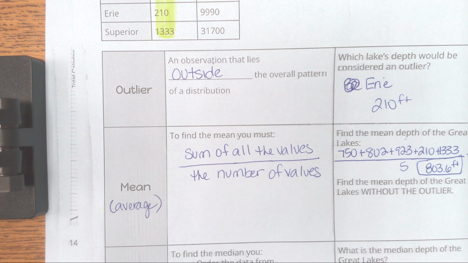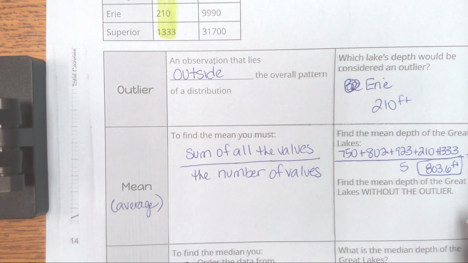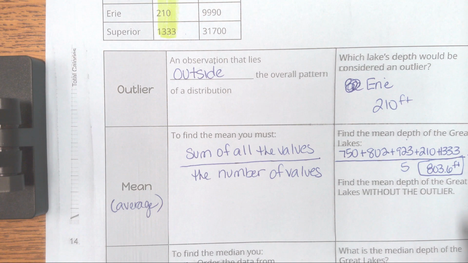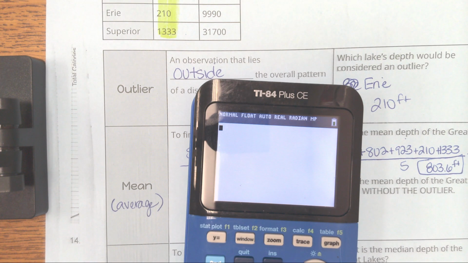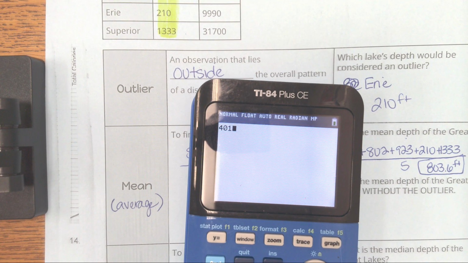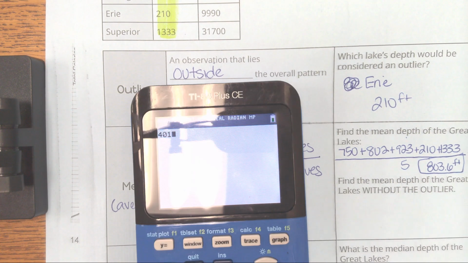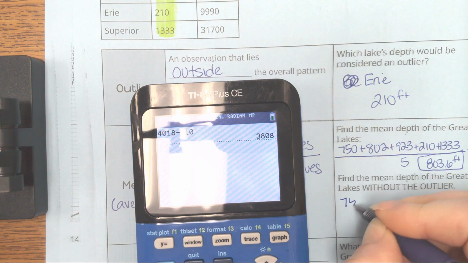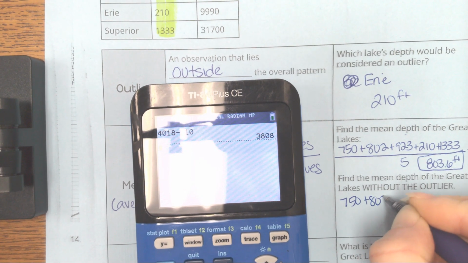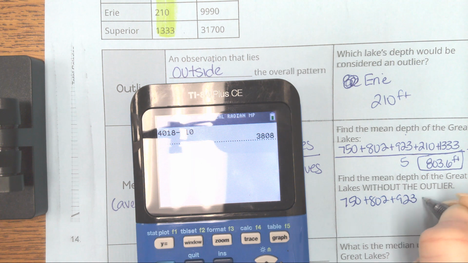So if I took out that, how many lakes would I be dealing with? 4. Okay. Let's just take our 4,018 and take off the outlier, which was 210. That's going to save us some work, right? So this would be 750 plus 802 plus 923. I dropped the 210.